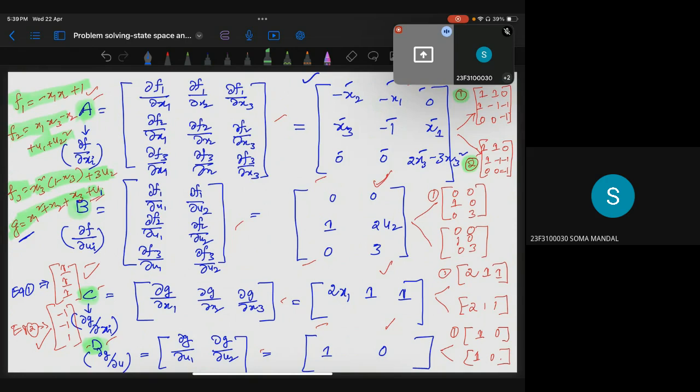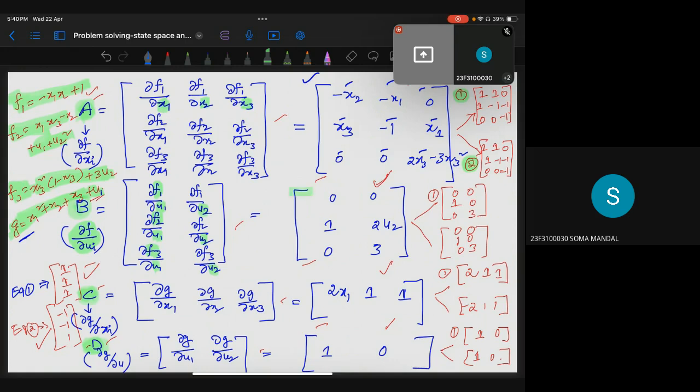The B matrix we find by taking the derivative of the functions with respect to the inputs U. So we use F1, F2, F3 with U1, U2, whereas for finding the A matrix we use only the x1, x2, x3 derivatives.